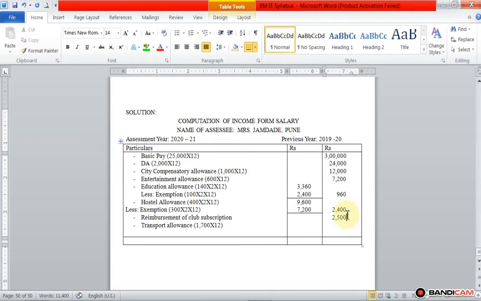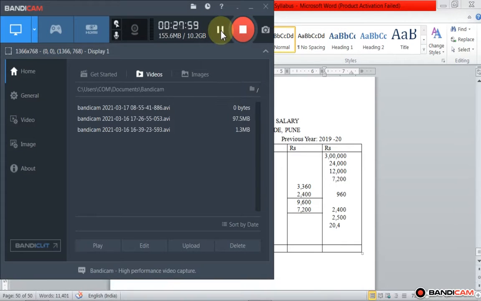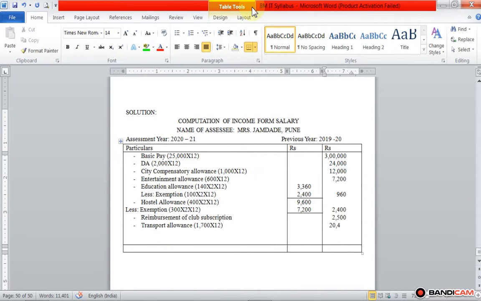The whole amount of transport allowance is taxable, amounting to rupees 20,400.